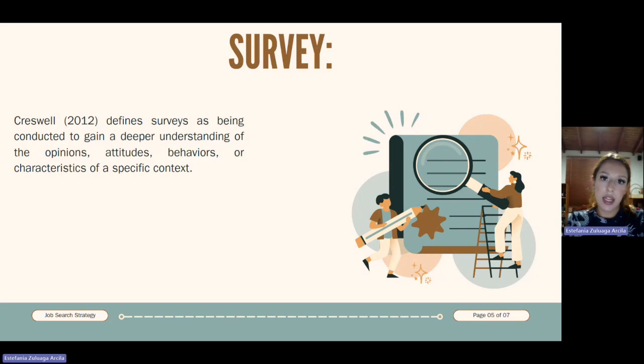I would like to define what a survey is. Creswell 2012 defined surveys as a way to gain understanding of opinions, behaviors, and characteristics in a specific context.